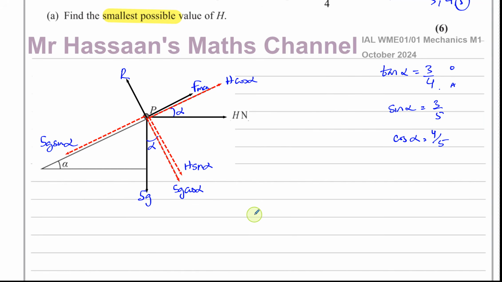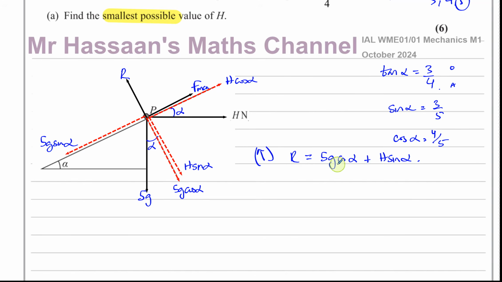So now I have got all the forces resolved parallel and perpendicular to the plane, and I should be able to answer the question now. So let's resolve the forces first perpendicular to the plane. We have R is equal to 5g cosine alpha plus h times sine alpha.